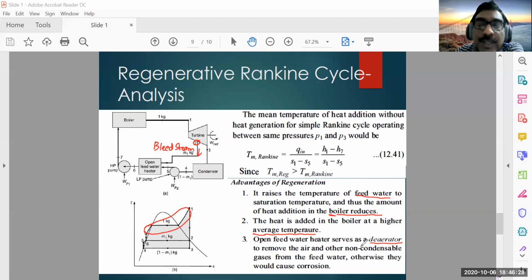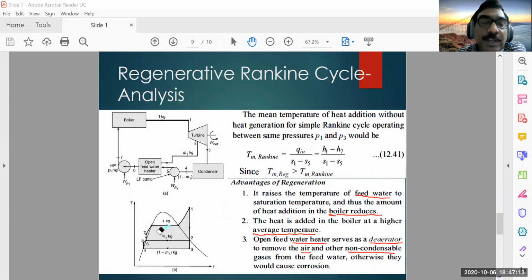So it is going to increase the feed water heater pressure to a higher pressure, which will decrease the chances of air leakages and other non-condensable gases. Because of the higher pressure in the feed water heater, the air leakages will be decreased, and there is no requirement of a separate air removing pump. It acts as a deaerator, meaning it will remove the air and other non-condensable gases from the feed water. Otherwise, they will cause corrosion.